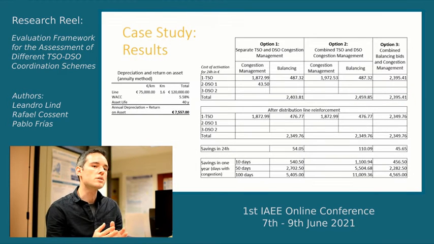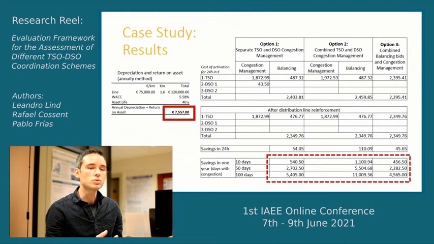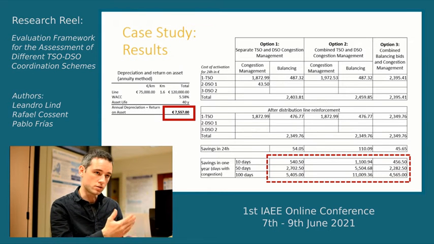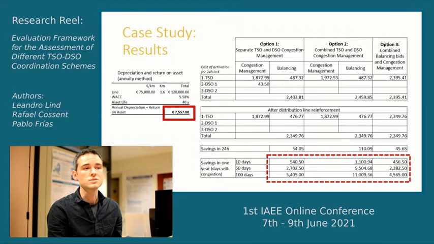we look at the scenario in which the constrained distribution line is reinforced. Considering regulatory prices and parameters in Spain, we conclude that for more efficient coordination schemes, options 1 and 3, the use of flexibility is more beneficial than the reinforcement of the line, depending on the amount of constrained days during the year.